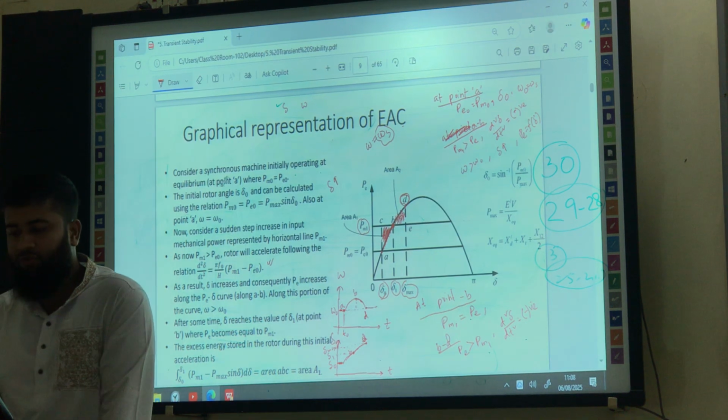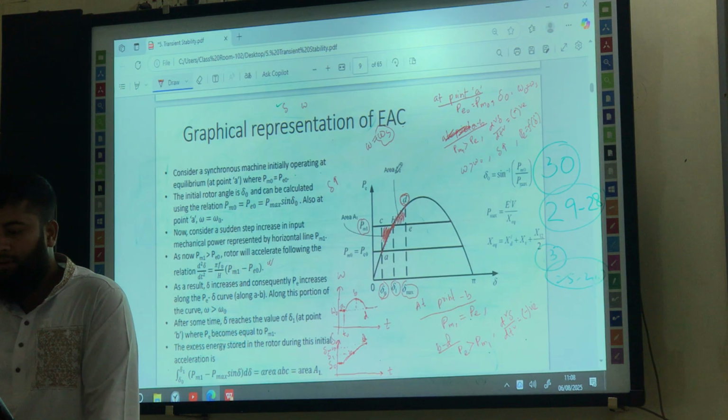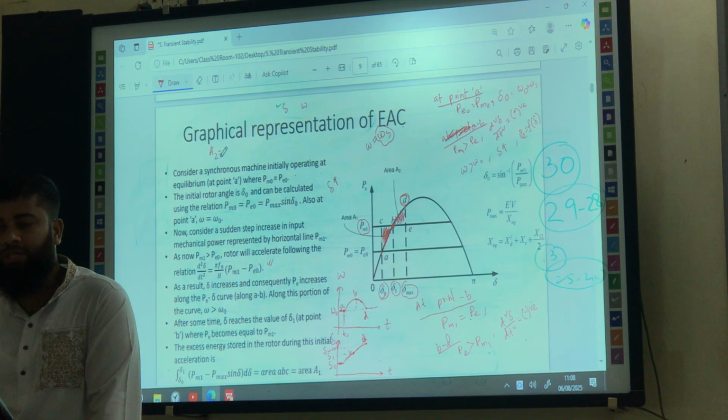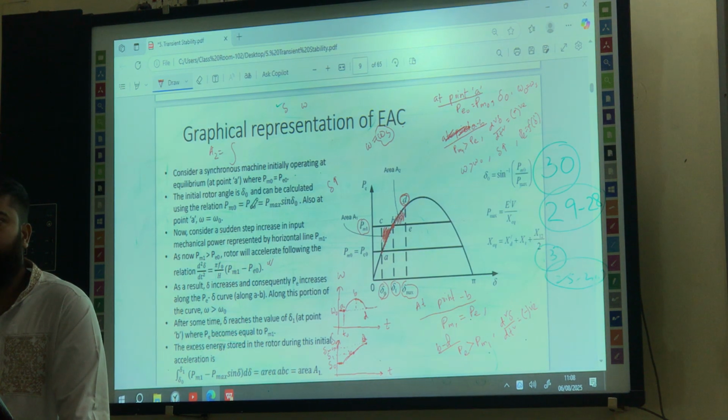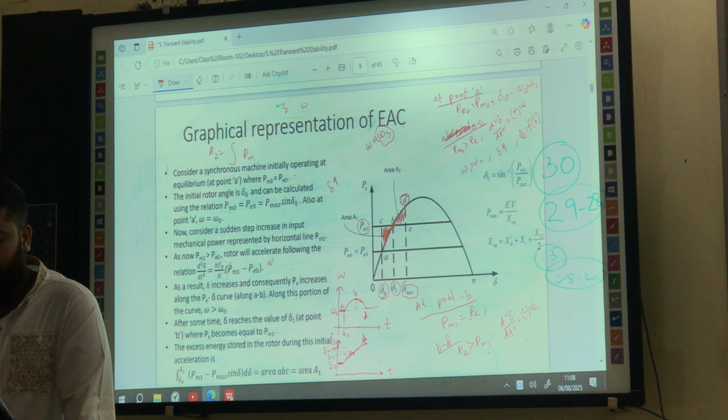Now, using the formula, can you write the area A2? What will be the integration term? Again it will be P minus PM1, because here P is higher, or we can take the same thing as PM1 minus P max sin delta, but this time the upper limit and lower limit will be different.